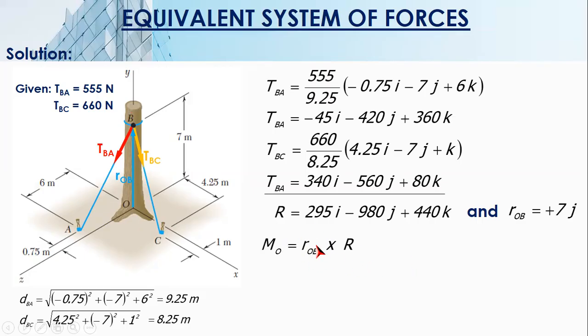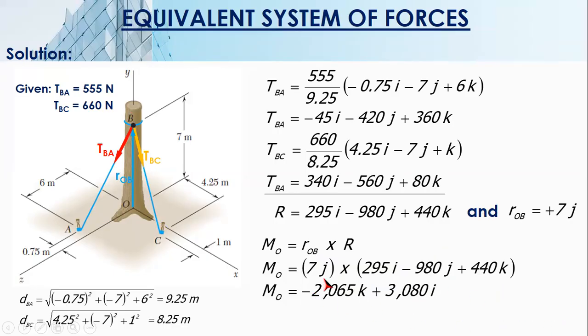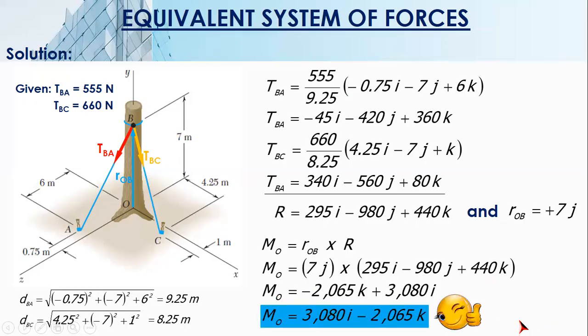Perform r cross the resultant force. j cross j is 0. j cross i is negative k. j cross k is positive i. Then rearrange to get the final answer.